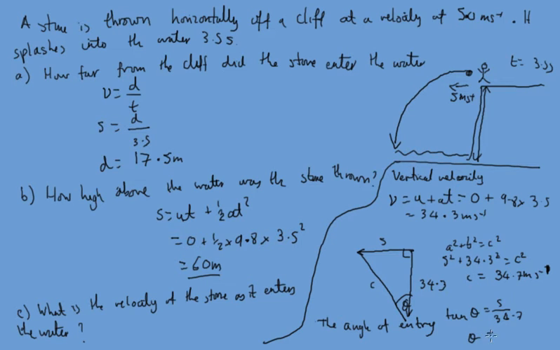So theta will give us 8.2 degrees. So we can say that the stone enters at 35 meters per second at an angle of 8 degrees from the vertical, 8.2 degrees.